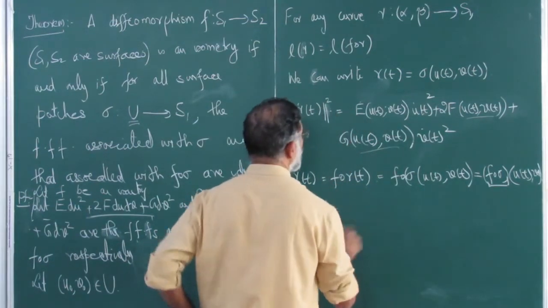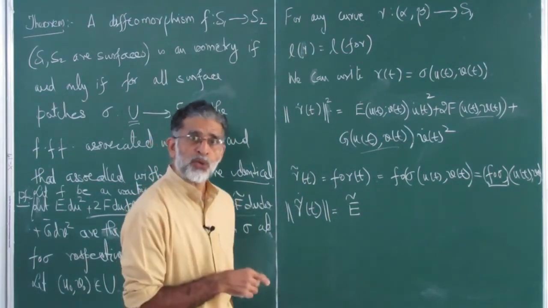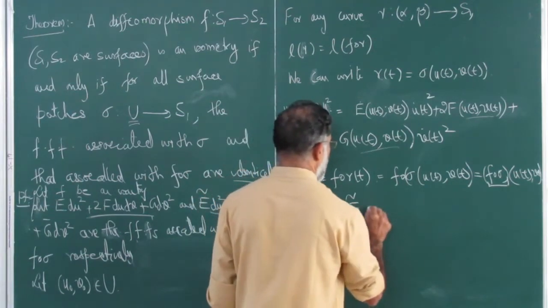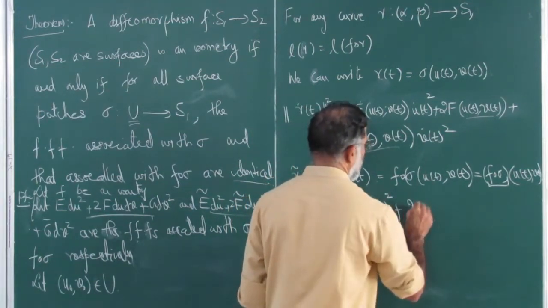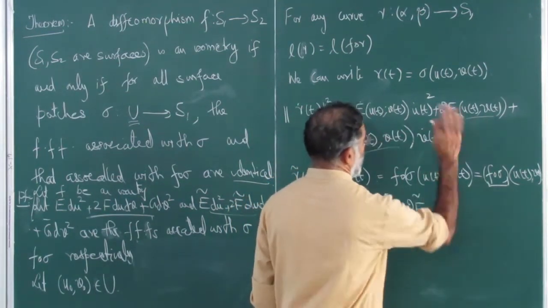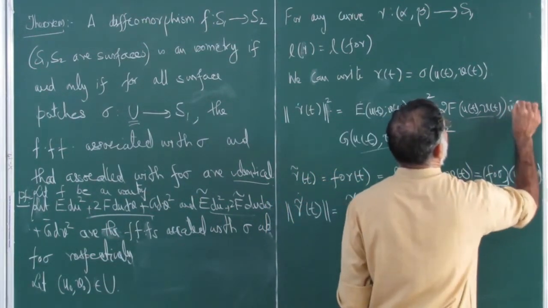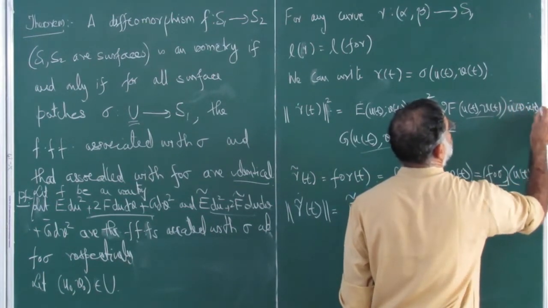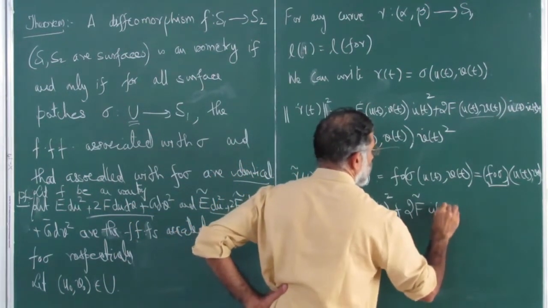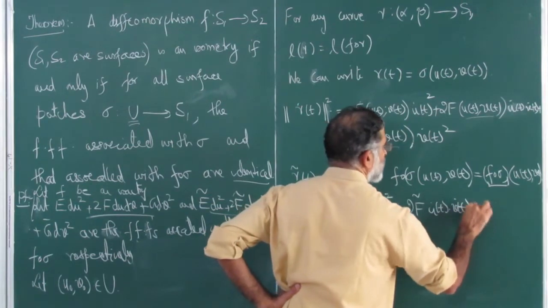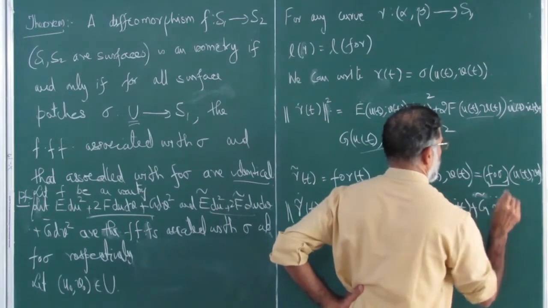So this is equal to E tilde, evaluated again at u(t), v(t), times u dot t square, plus similarly 2F tilde u dot t v dot t, plus G tilde, again evaluated at u(t), v(t), times v dot t square.